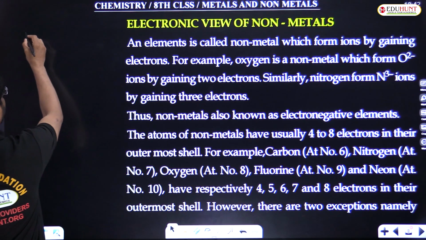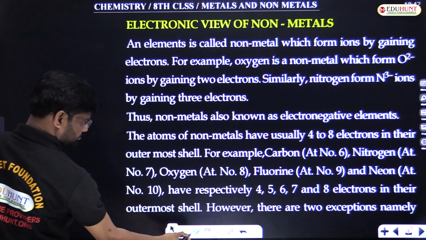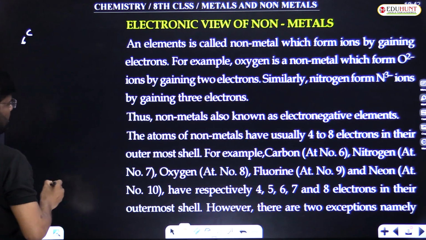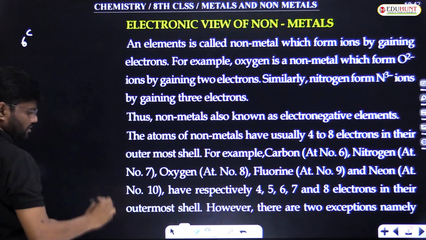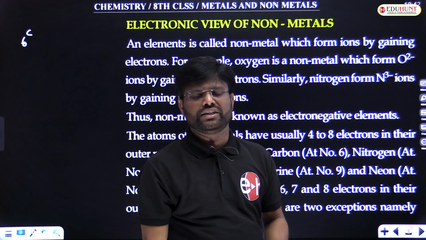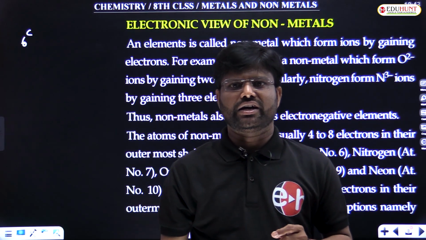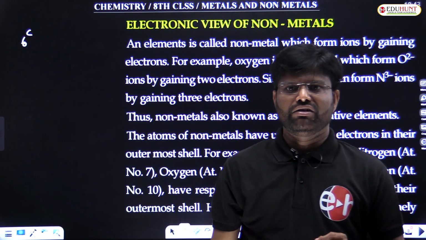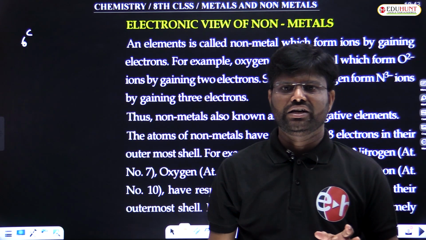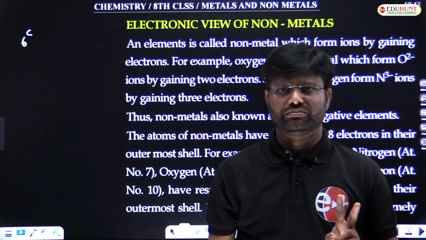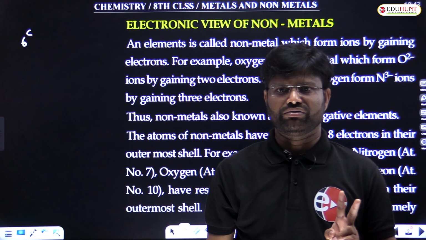Next let's discuss carbon, atomic number 6. You have to know the shell method of electronic configuration. Here the first shell, the K shell, we always fill with a maximum of 2 electrons.